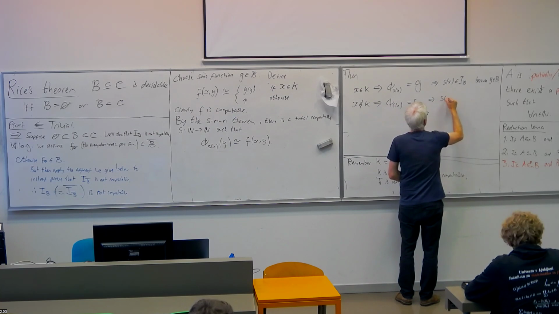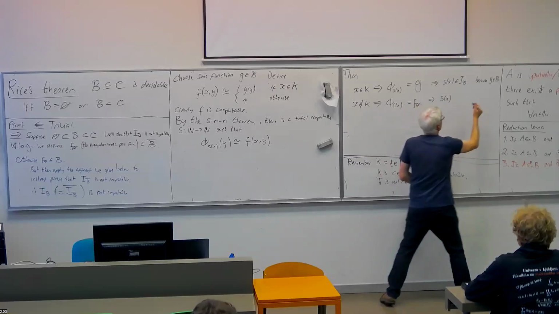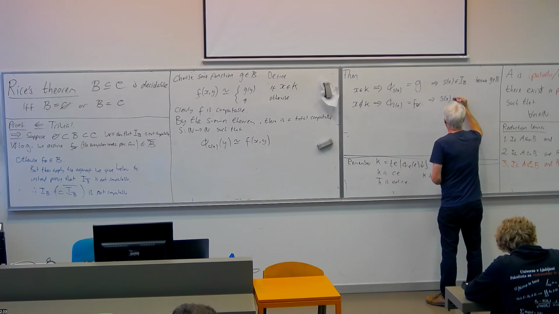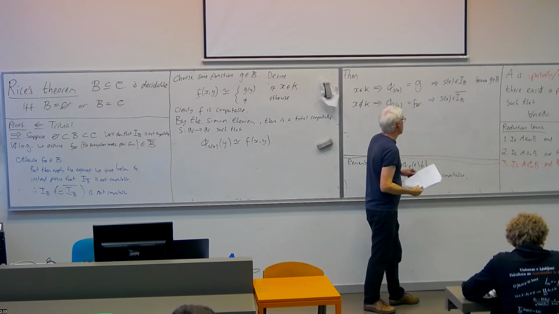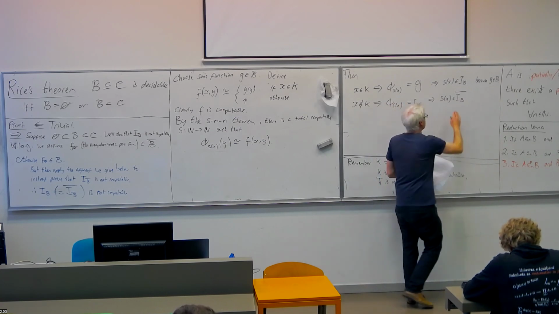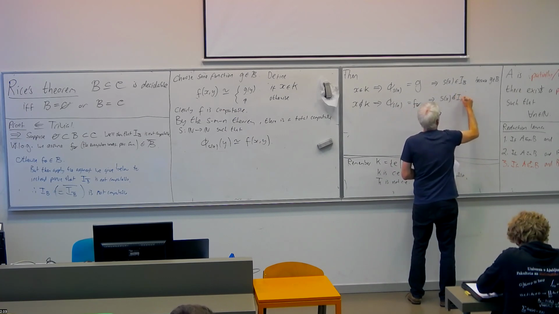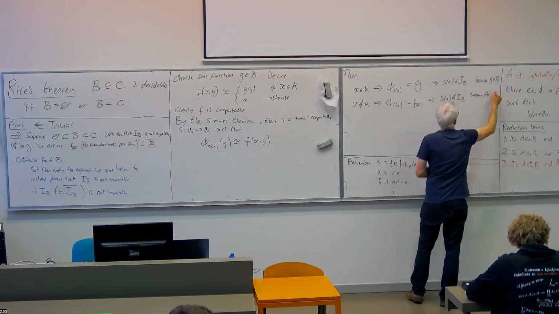So f of the empty set by assumption is in the complement of B. This does not belong to an index of a function in B because the empty set doesn't belong.